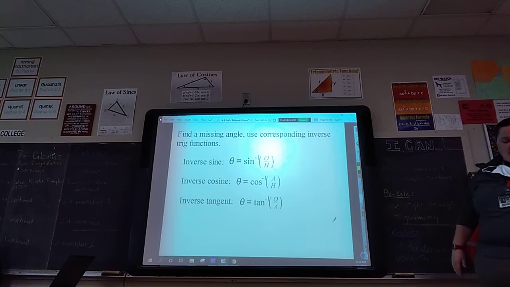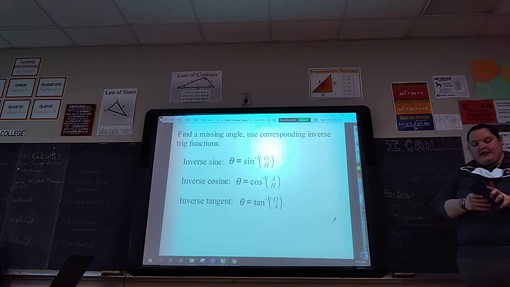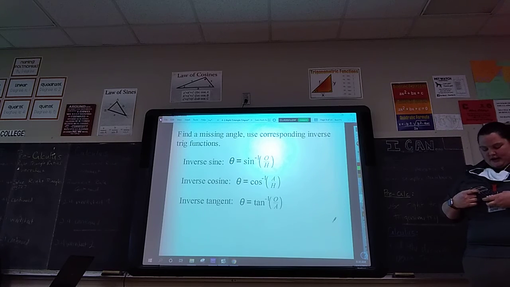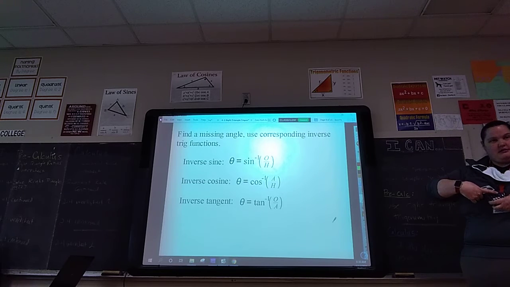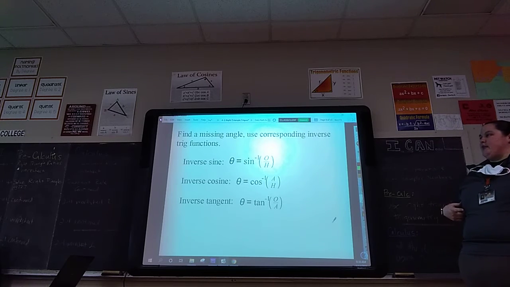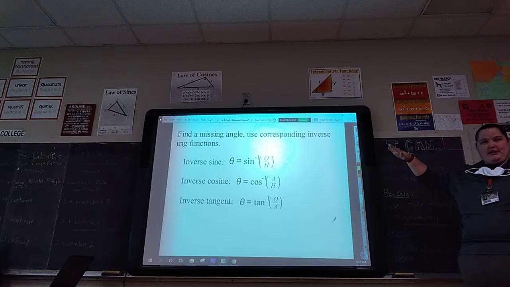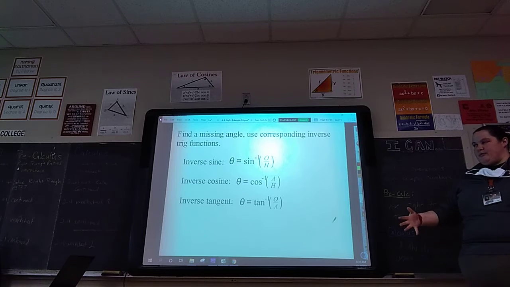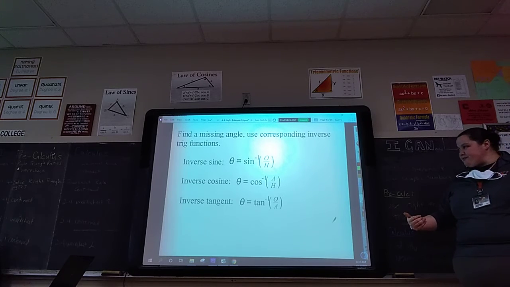We're going to use these because they're also programmed into your calculator. Usually, it's a second feature of whatever trig function you're talking about. So if we want sine inverse, you can do second sine, cosine inverse, second cosine, tangent, second tangent. Like I said, these are not the same as secant, cosecant, and cotangent. So trig has a lot of different functions.